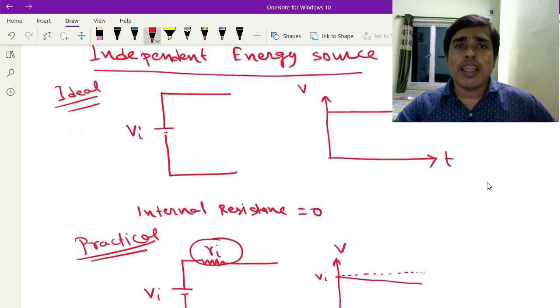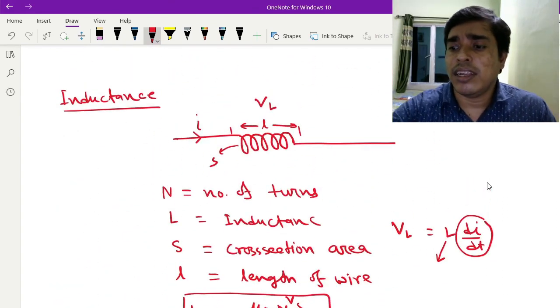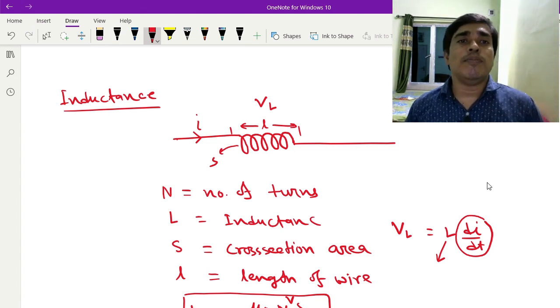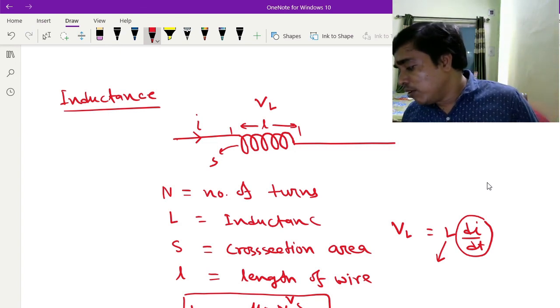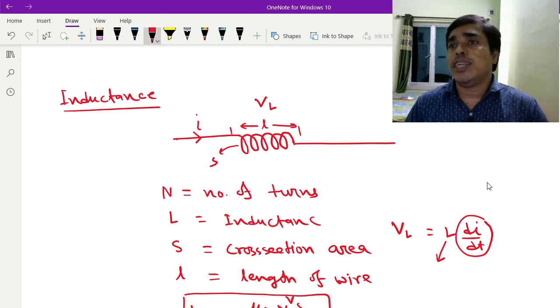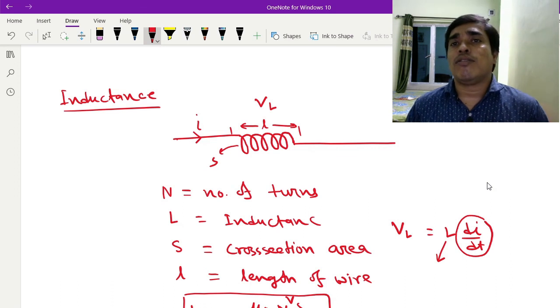Now the network parameter. The network may depend upon time and also space. This is called a distributed network. When the network parameters like voltage and current depend upon space and time, it's called a distributed network.